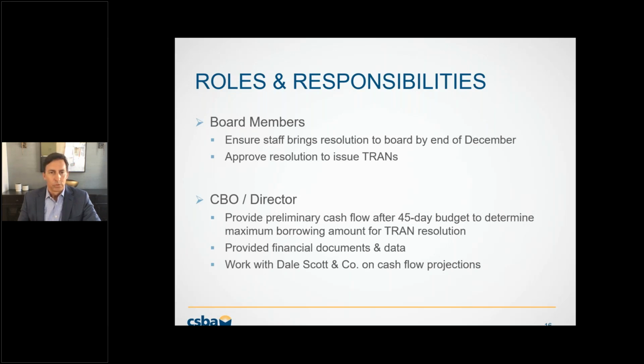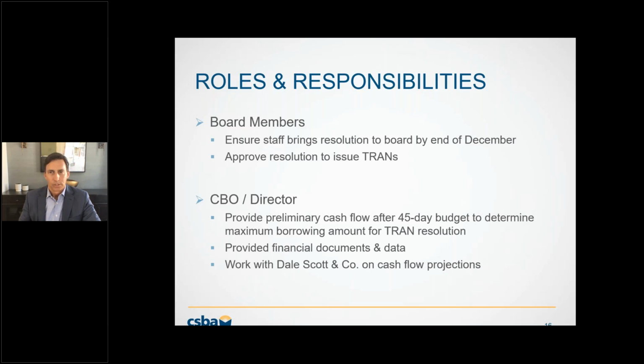And then we really work very closely with CBOs, directors of fiscal services, on the nuts and bolts of the TRAN. So again, we'll initially start working with you in August, September, looking at your cash flow after your 45-day budget and coming up with what's that right dollar amount to put on the resolution. And again, that is just a maximum. It's the dollar amount that the board is authorizing staff to potentially issue.